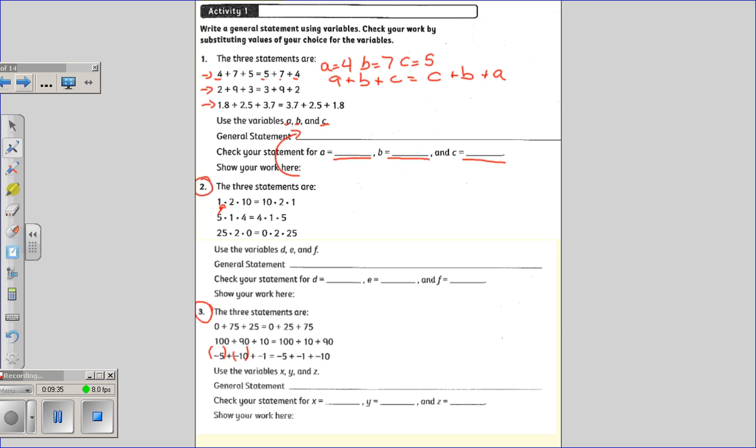If it's helpful, you might want to put parentheses around the negative numbers so that you remember you are adding. For all 3 of these, the variables are given to you, so make sure you use the right ones. Also, check your statements with values for each variable. Complete this and hand it in.